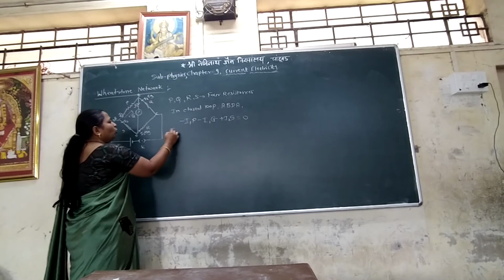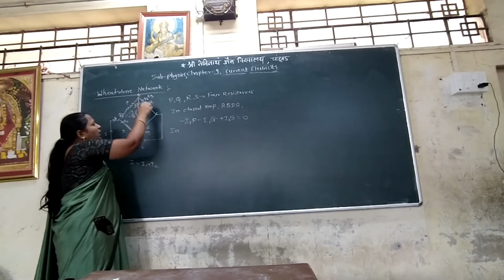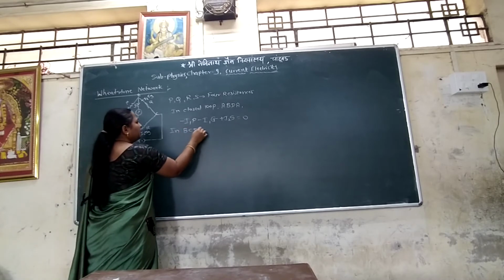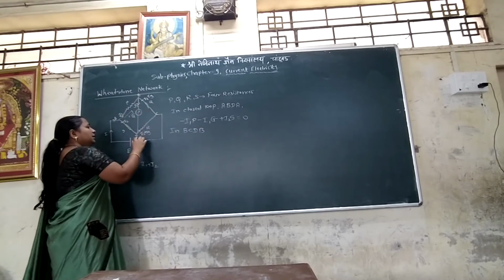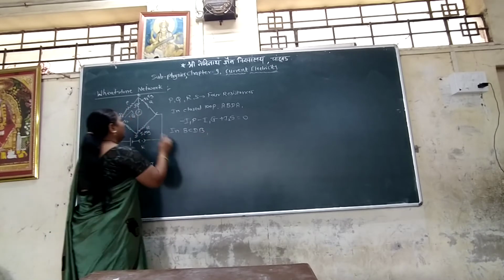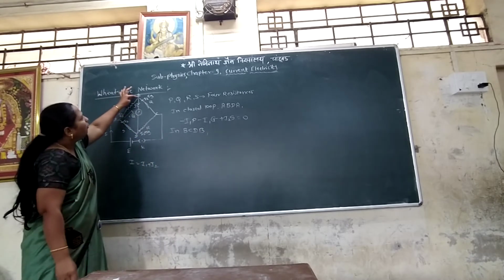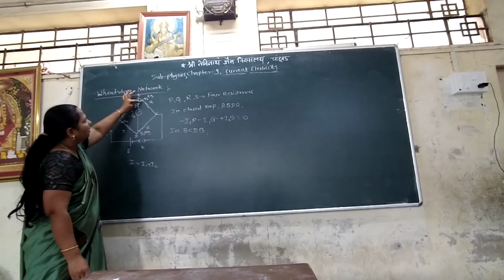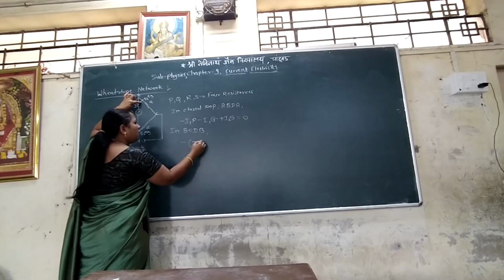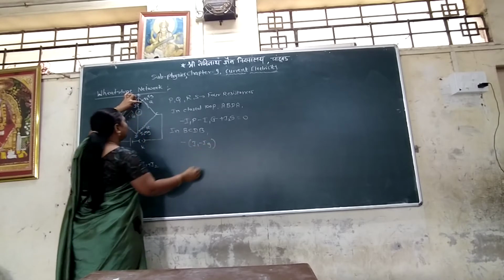Now in another closed loop, B, C, D, B. In that loop, the current flowing in that direction is taken as minus I1 minus IG.